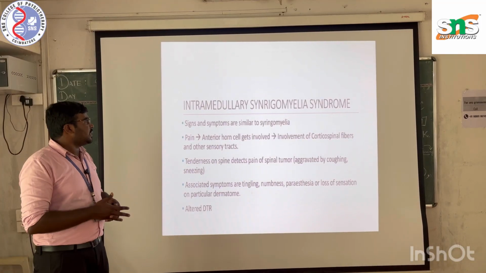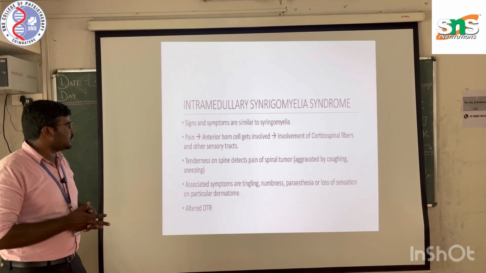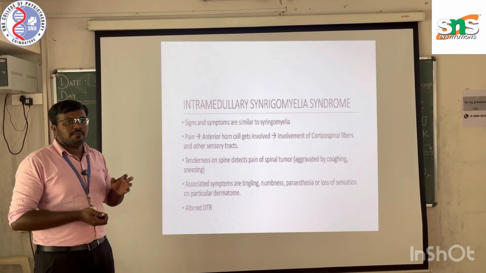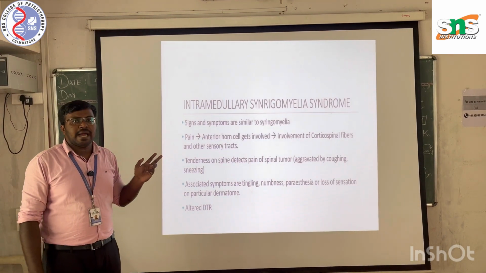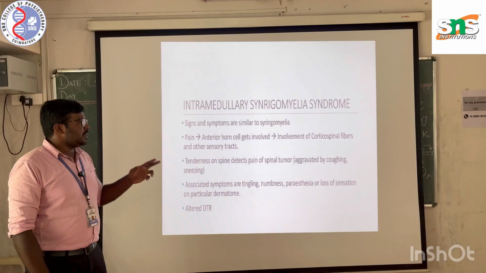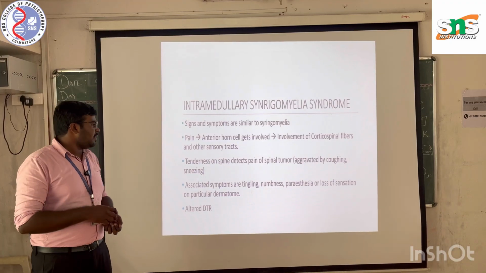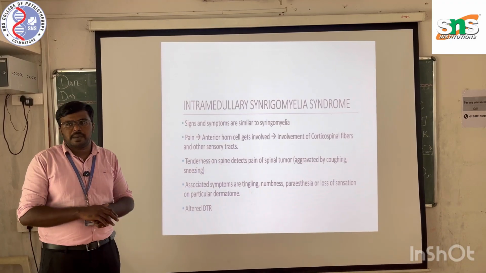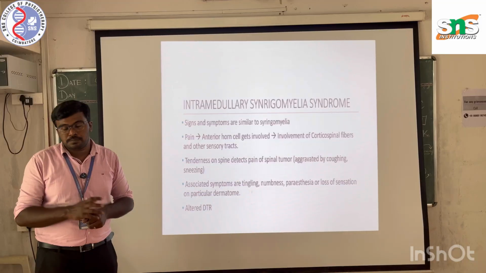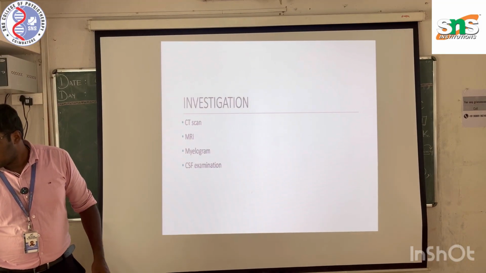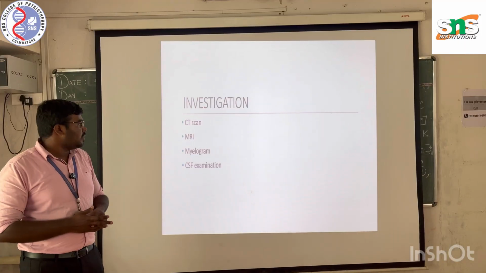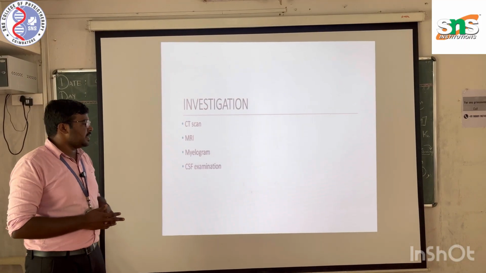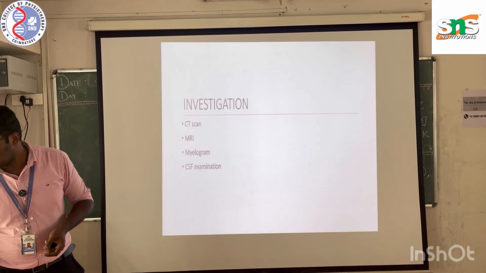Also in intramedullary syringomyelia syndrome, the patients have pain and the anterior horn cell is mainly involved, so the corticospinal tract is affected. We have tenderness present over the spinous process.